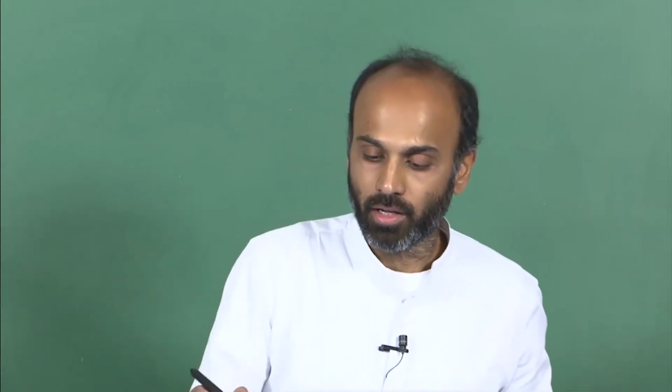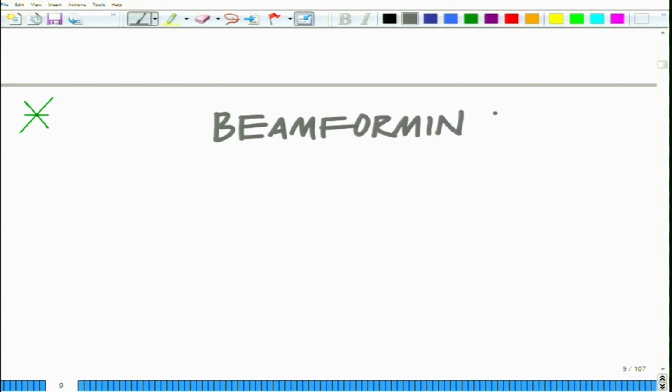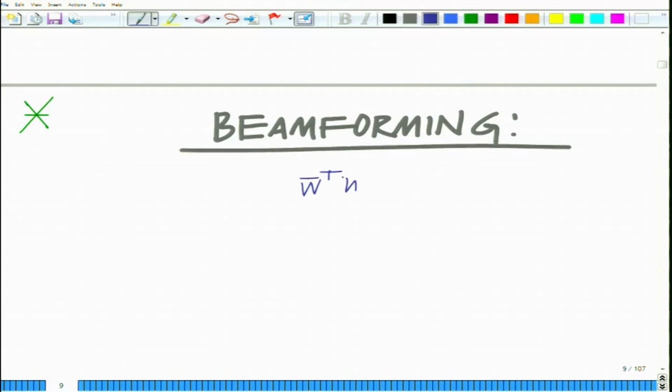So we are looking at the problem of beamforming, that is, to find the beamformer or the combiner which maximizes the signal to noise power ratio for the user in a particular direction. And we said the constraint for the signal gain is W bar transpose H bar equals 1.